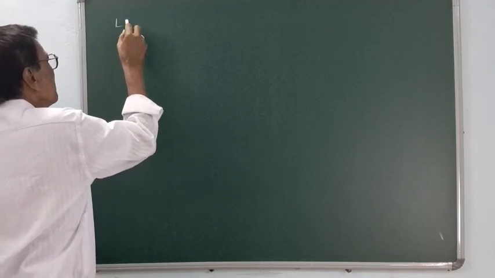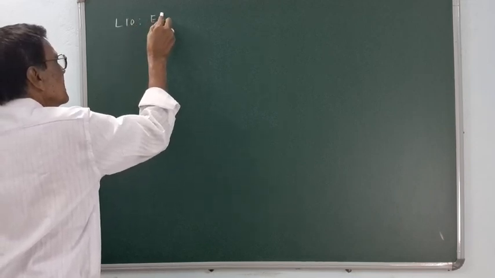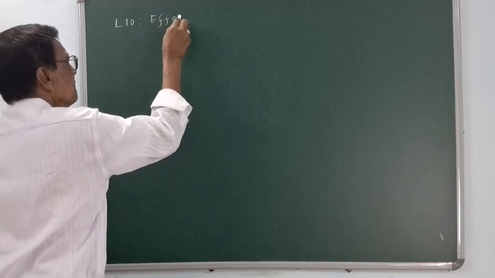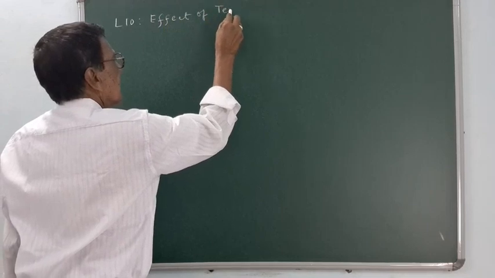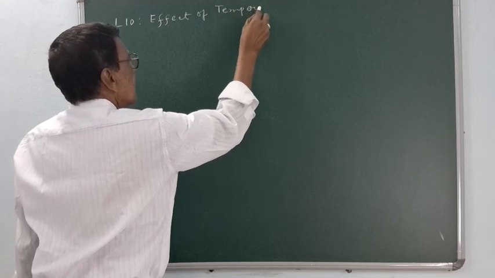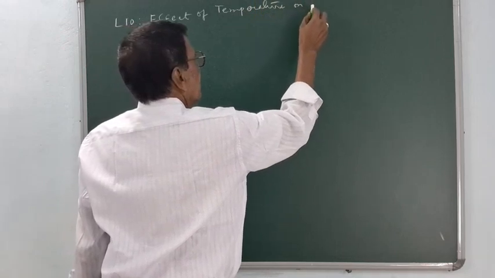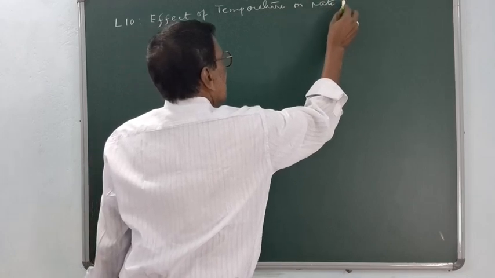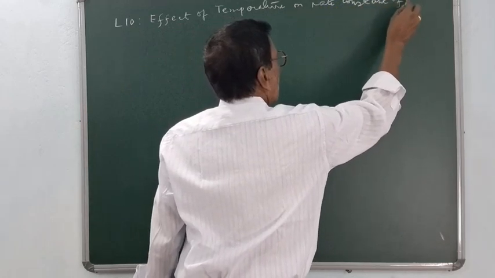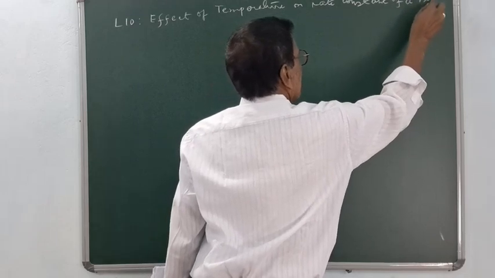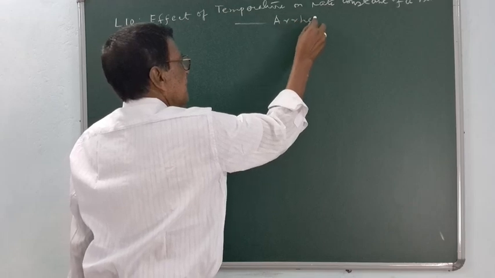Lecture number 10, and our discussion will be the effect of temperature on the rate constant of a reaction, and it is explained by the Arrhenius equation.